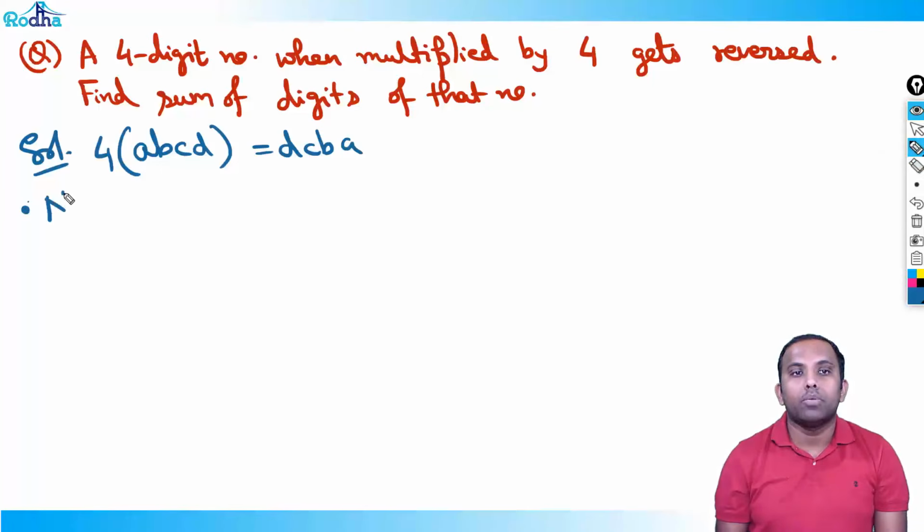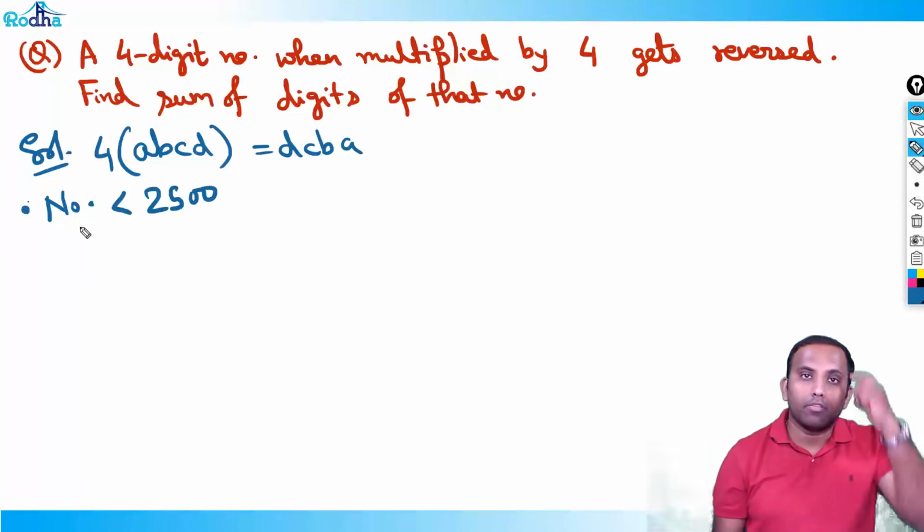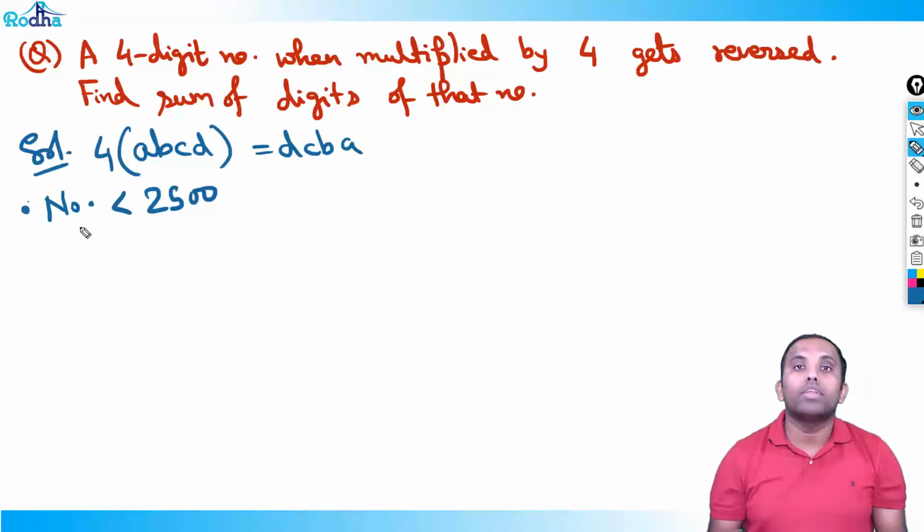That means the number should be less than 2500, because if the number is more than 2500, then after multiplying by 4 it is more than 10,000. So 10,000 by 4 is 2500. So if a 4-digit number multiplied by 4 remains a 4-digit number, it has to be less than 2500.